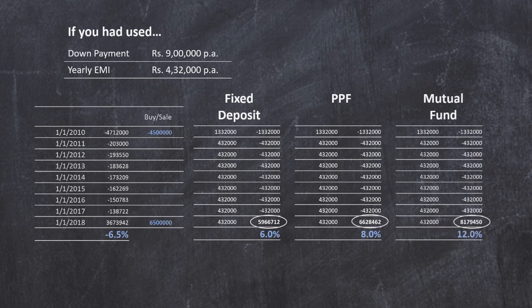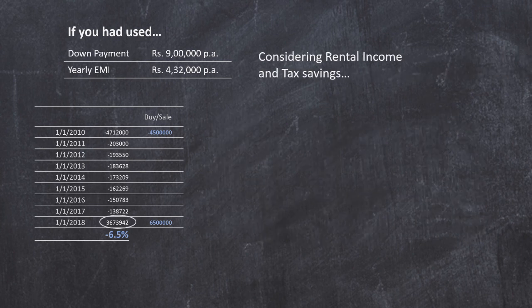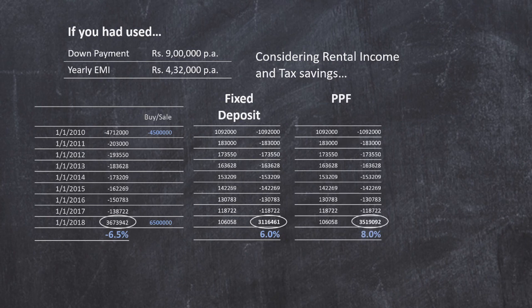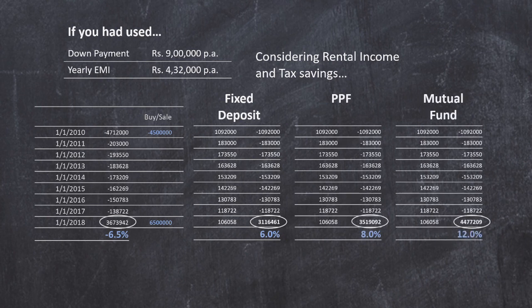And in, say, a mutual fund with 12% return, you would have had 81 lakhs. In these scenarios, you did not actually buy a house. You will have to pay rent and will not have the tax savings you had for the interest of the home loan. So considering all that, other investment avenues yield 31, 35 and 44 lakhs respectively.